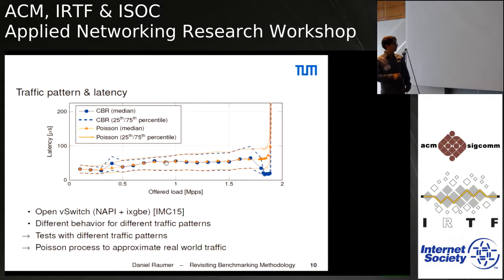And in that case, we do not see that strange effect. So our statement here clearly is, please try also to use other traffic patterns. That is something that is a should in best practice, but we did not find any benchmarking reports in the wild that used other traffic than CBR traffic.